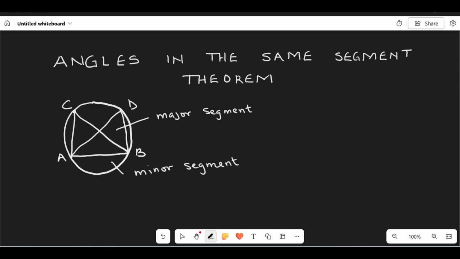Then the theorem says angle ACB equal to angle ADB.